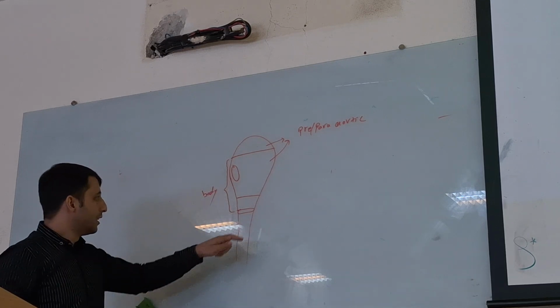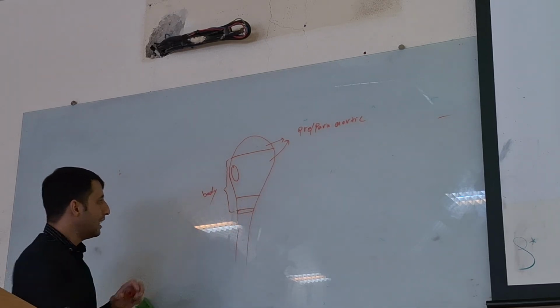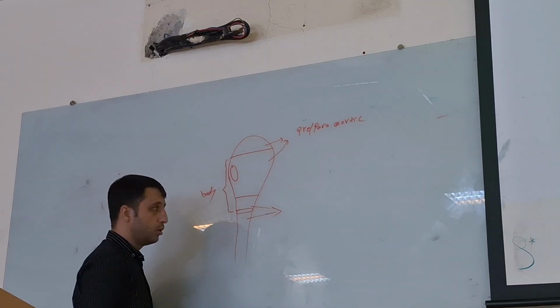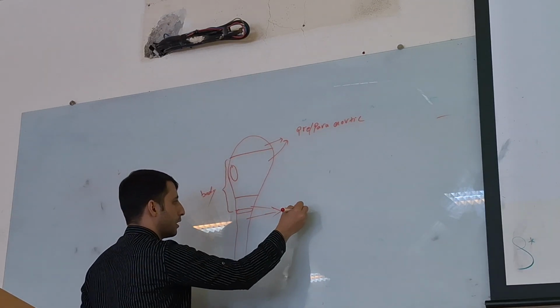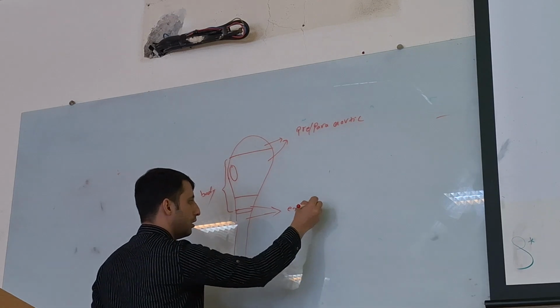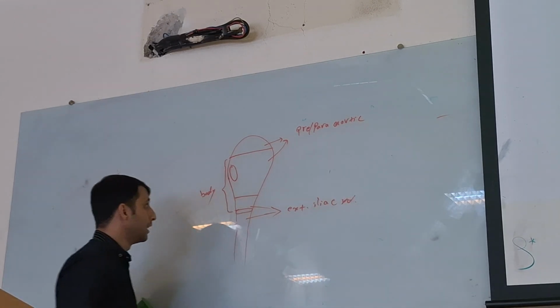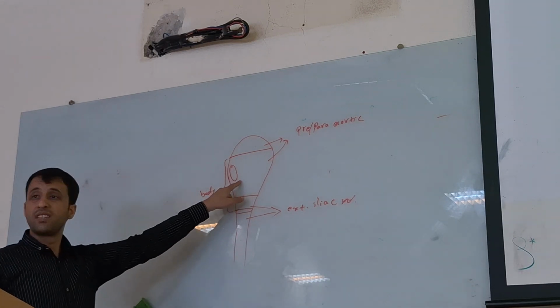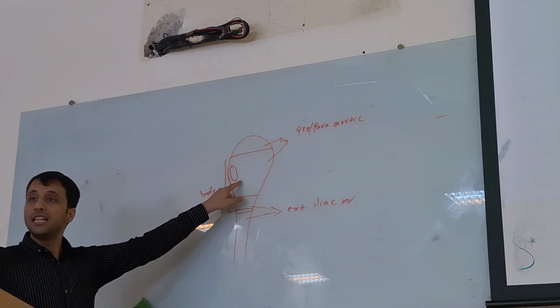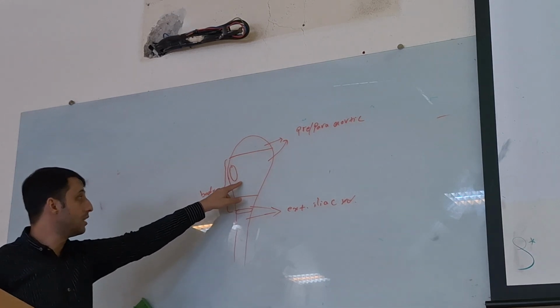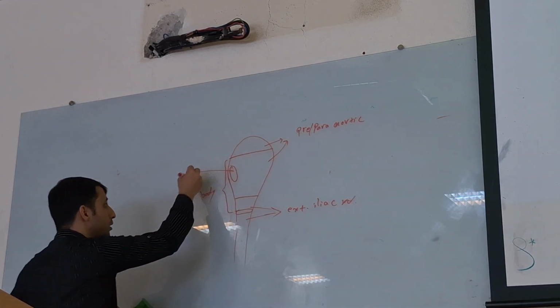So, the cervix and inferior part of the body drain to external iliac nodes.